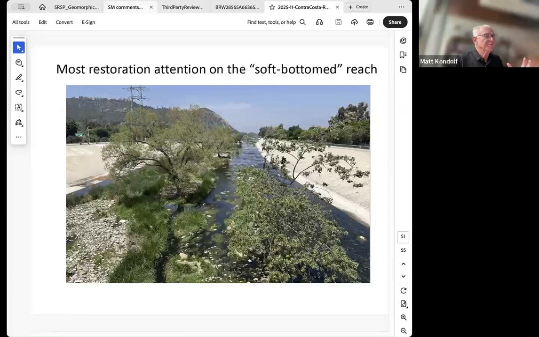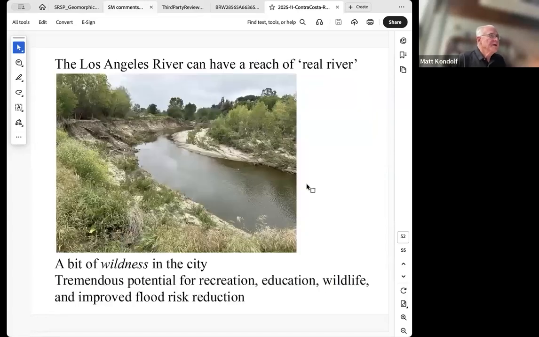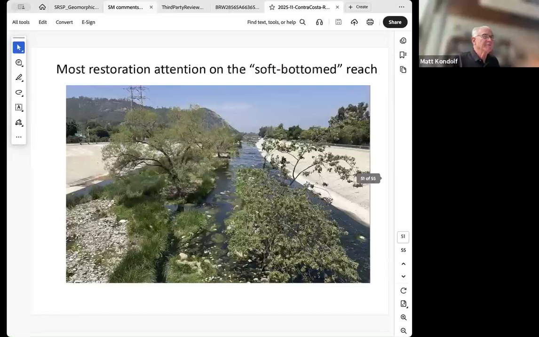Nonetheless, these are the areas where the focus is now on restoration, because you start off with a much better palette of opportunity with the soft bottom. But even if you're in soft bottom, you still have buildings right up to the edge, or freeways. You still are highly constrained.